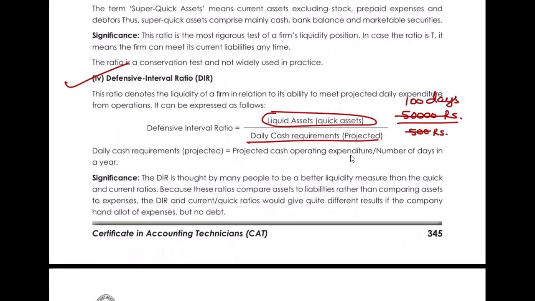This 100 is 100 days. That means from this 50,000, I can run my business for 100 days. My cash requirement was 500 every day, and I have 50,000 rupees. That means I can run my business for 100 days with the help of my quick assets. Is it clear, everyone? That is called the defensive interval ratio.